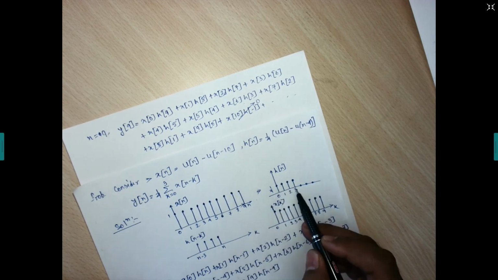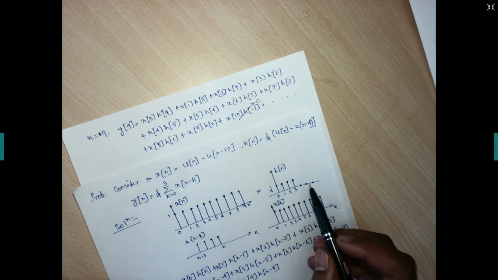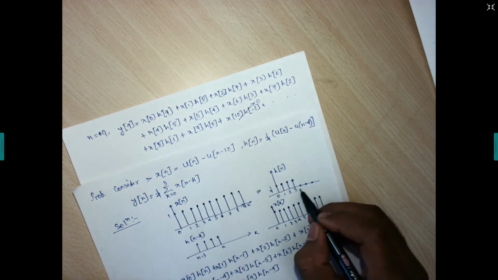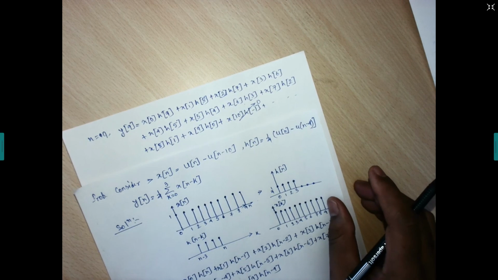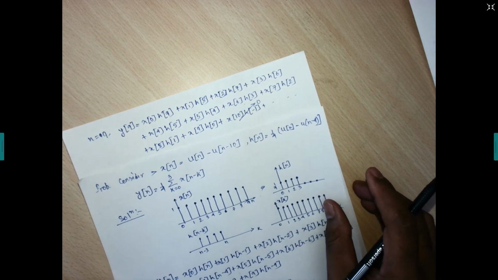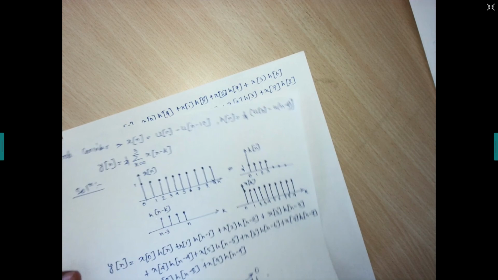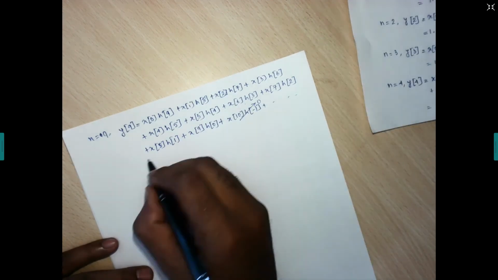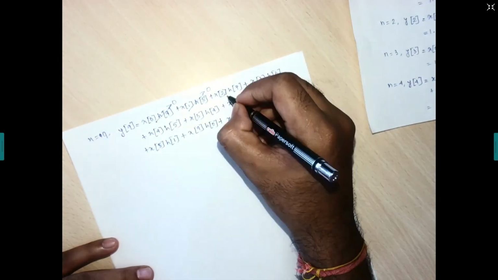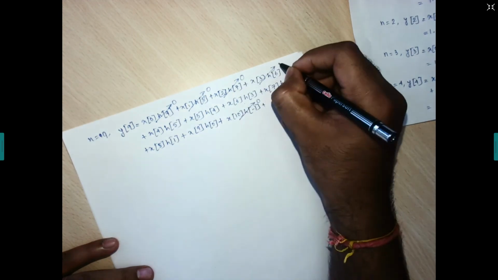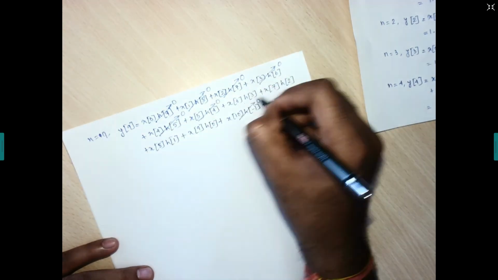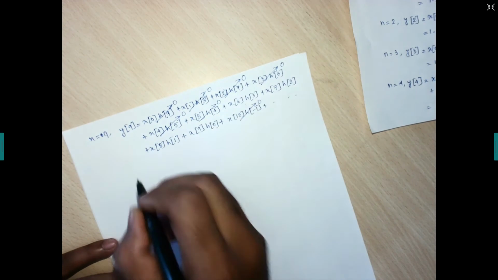Other than this, if we go for h equals 4, 5, 6, 7, 8, something like that, all the values of h[n] are 0. So what we want is that the non-zero amplitude should have the mapping with x[n], right? So the first one should be 0, this one should also be 0, this is also 0, and so on. Samples 1, 2, 3, 4 are the ones which exist.